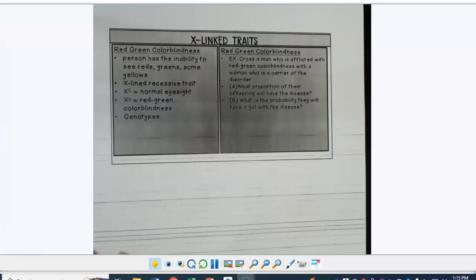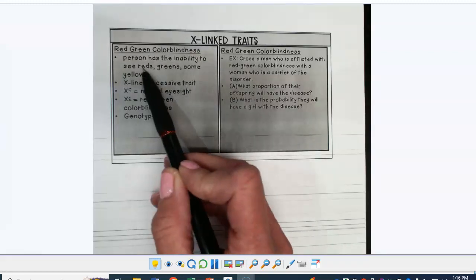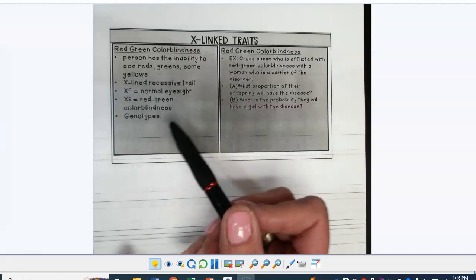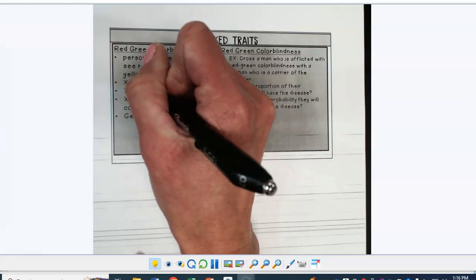Okay, so we have another one similar to that. We have something called red-green color blindness. Some of you might have red-green color blindness. It is an X-linked trait as well. A person with red-green color blindness has the inability to see reds, greens, and some yellows. That should say linked.